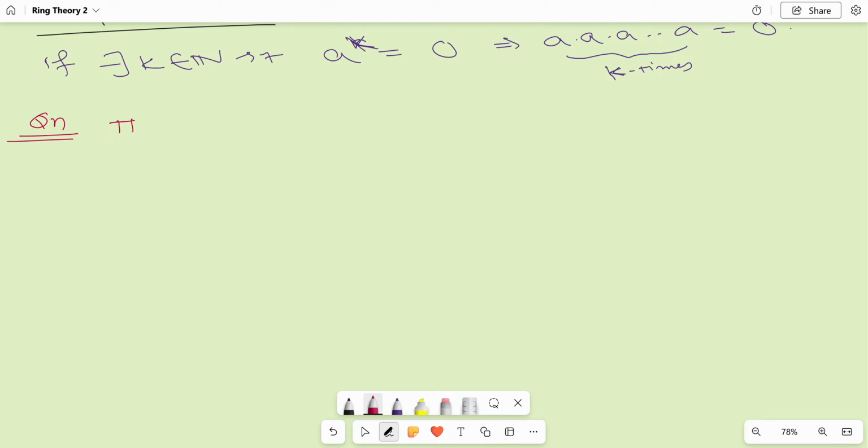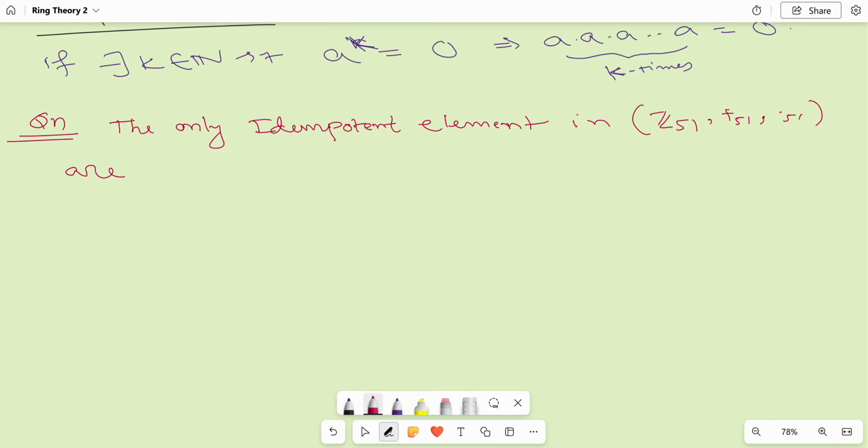The only idempotent elements in the ring Z51 with addition mod 51 and multiplication mod 51 are 0 and 1. You have to say whether it is a true or false statement.